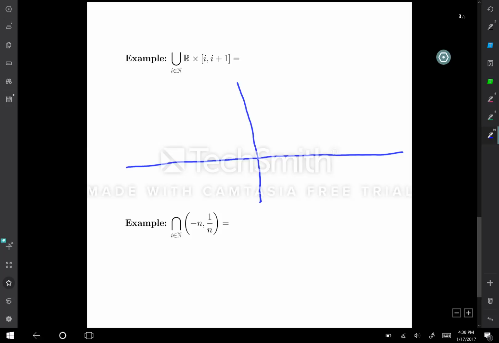So the first element is always any real number, because remember, each element of the set is a pair (x, y). The first coordinate is always a real number, so it could be any x, and then the y, in the first case, when n is 1, it would be from 1 to 2.